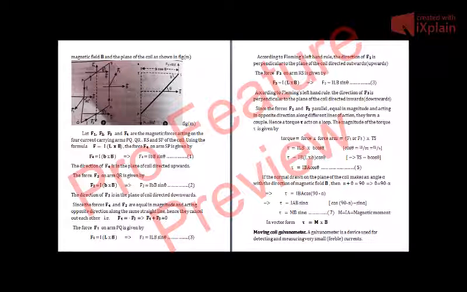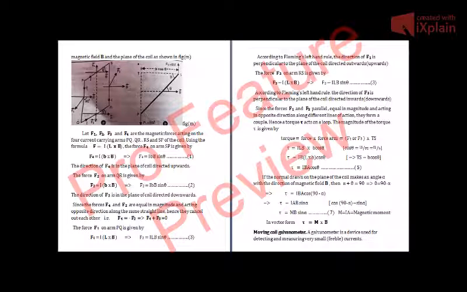Using this relation, we can calculate the force F4 on arm SP. F4 is given by I b cross B, because instead of length L we have b, the length of arm SP. The magnitude of F4 is I b B sine theta. Actually, we calculated the magnitude of the force as I L B sine theta, so instead of L we have b here.